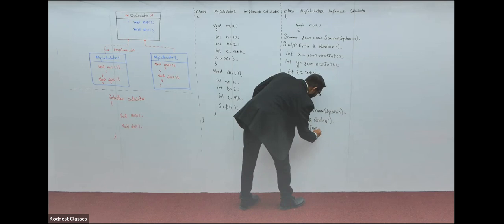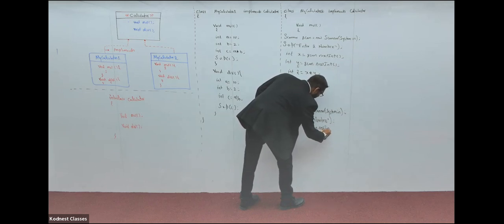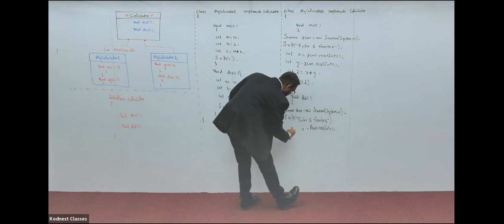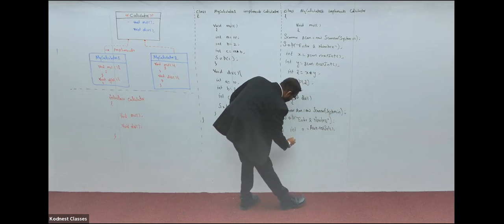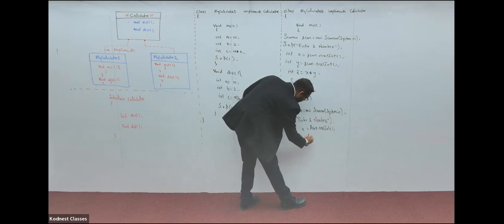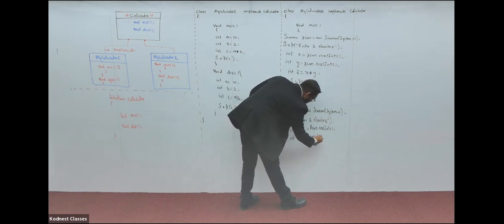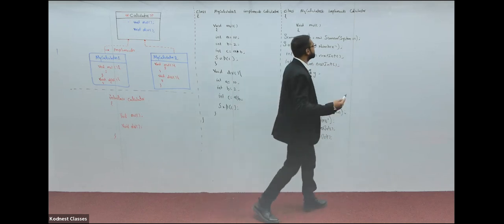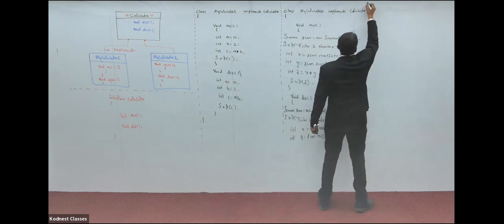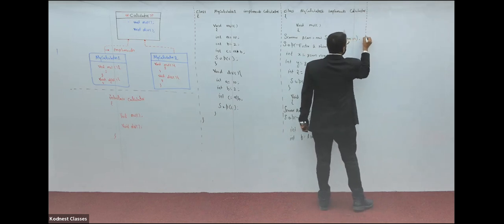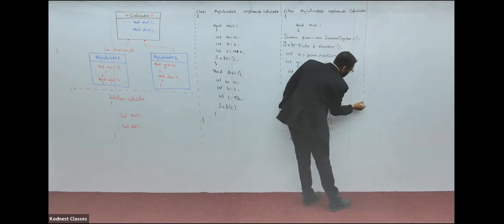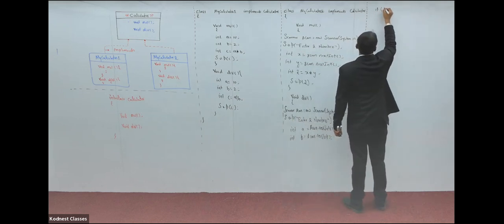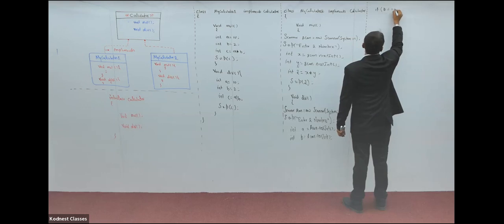I would collect it by telling scan.nextInt, and store it in a variable called a, which is of type integer. I would collect one more number and store it in b by telling scan.nextInt. Not only that, I actually have to perform division, but before performing division, I would check if the value of b is equal to 0.